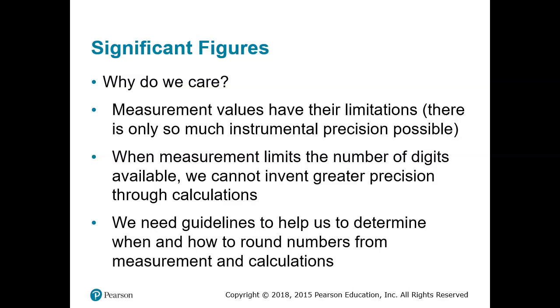And there are lots of different ways I could measure it. It's not that far from here. I could count the number of steps it takes to go from here to there. That would be one mode of measure. I could take a tape measure and stretch it out from here to there. I could use a number of different ways of doing it, but they would all have some inherent limitation to them. Some limit to the number of digits that we could report as being part of the measurement.